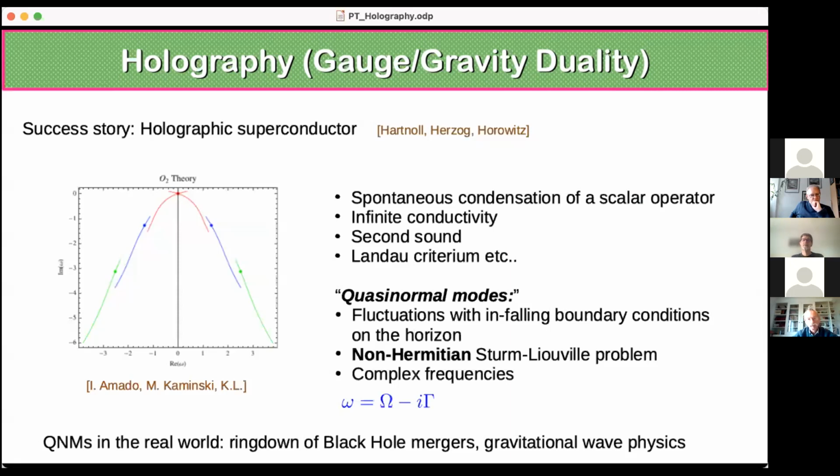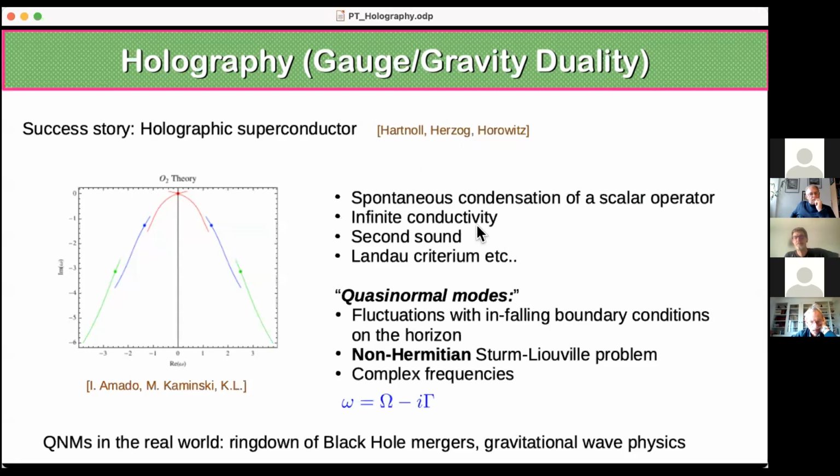For example, a basic phenomenon in quantum field theory is certainly spontaneous symmetry breaking, and you can ask, can you do spontaneous symmetry breaking in this holographic setup? And in fact, it turns out you can. This was done by Hartnoll, Herzog, and Horowitz, and they constructed something which they call a holographic superconductor. It's more like a holographic spontaneous condensation of a scalar operator.